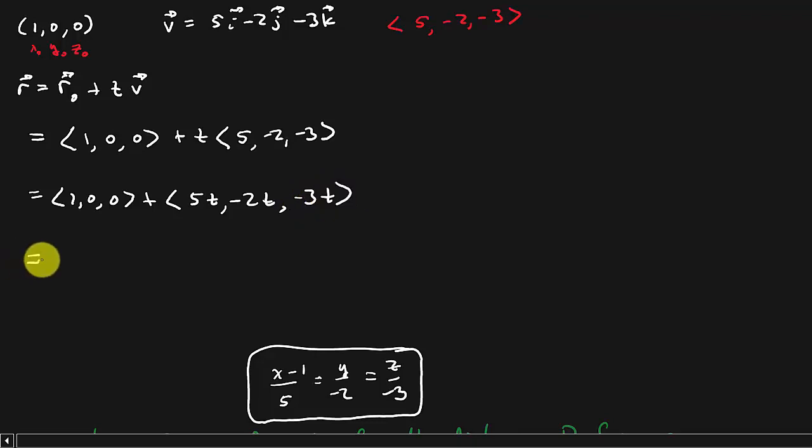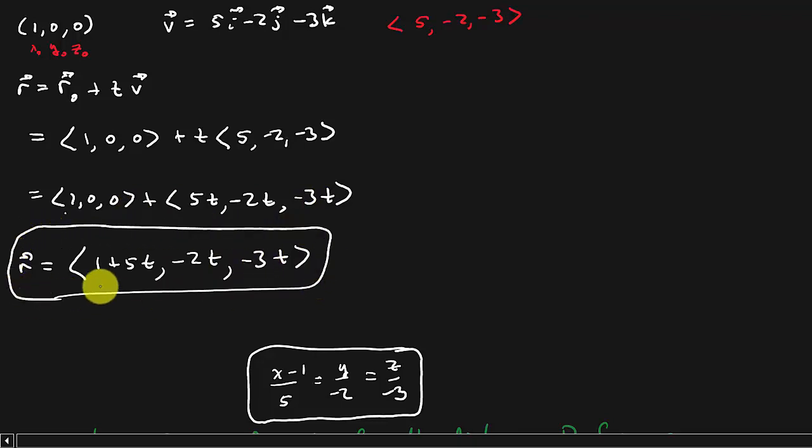So that's going to be 1, 0, 0 plus 5t, negative 2t, negative 3t, which gives us vector r equals 1 plus 5t, then 0 plus negative 2t, which is just negative 2t, and 0 plus negative 3t, which is just negative 3t. And so there's your vector equation.